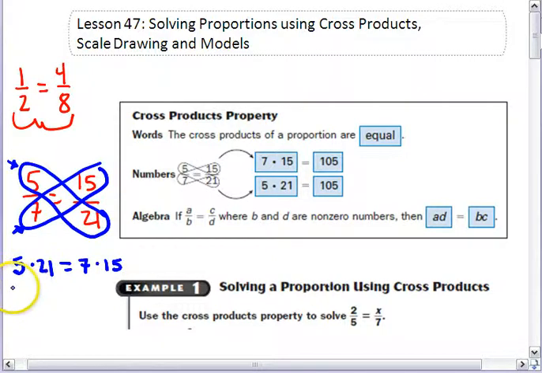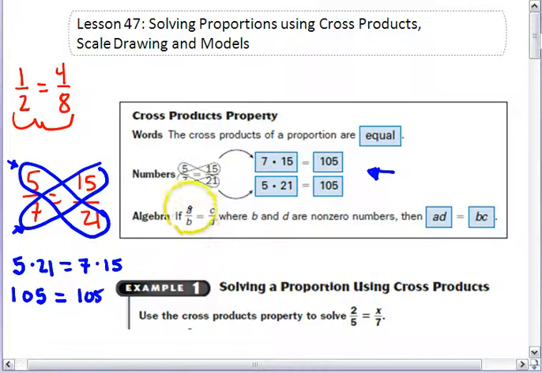Right? Well, 5 times 21 is 105. And that's equal to 7 times 15, or 105. So here it is. The cross products, or the products of the two in the cross, equal each other. Alright? Here's an algebraic way of looking at it.